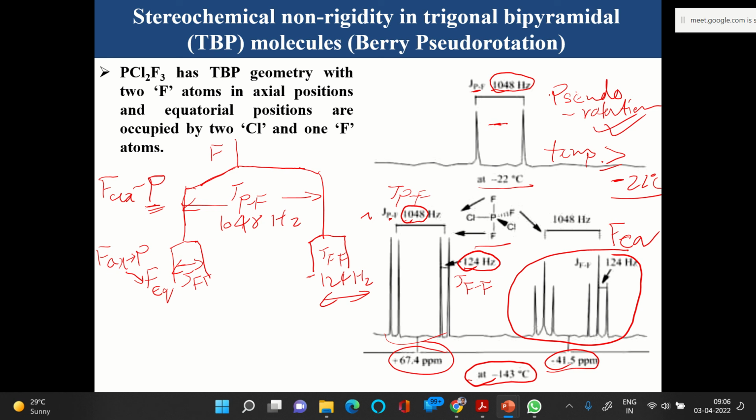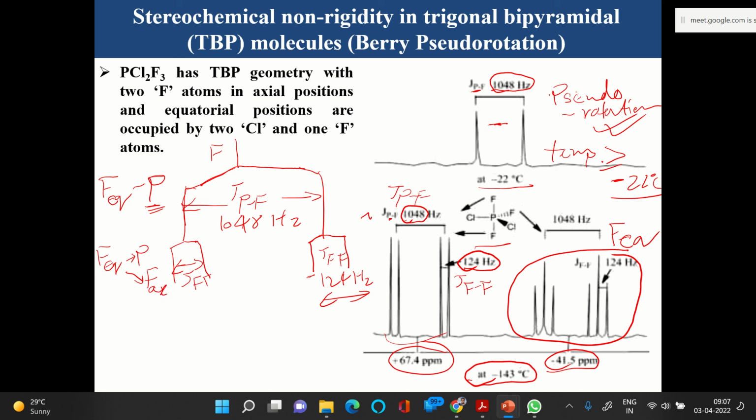So here, in case we change it to think of the equatorial one instead of the axial, then we have to consider one by one. Just a moment. The equatorial one is now interacting with axial. How many axial?